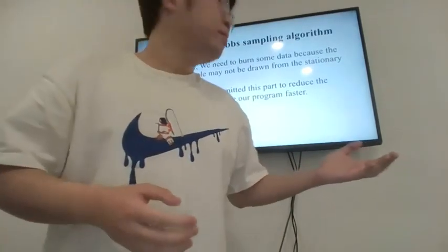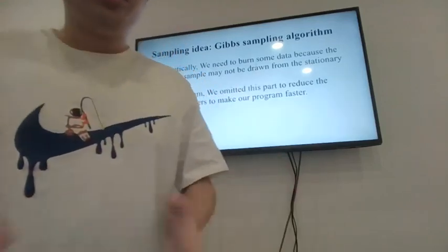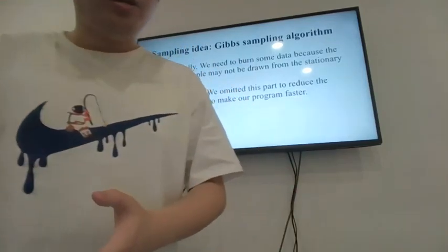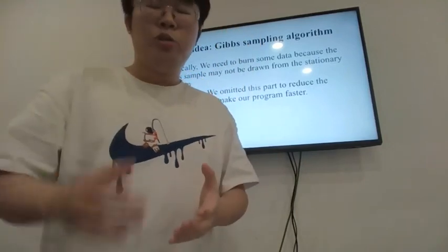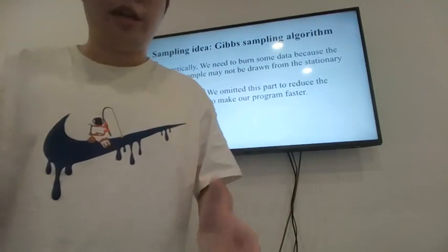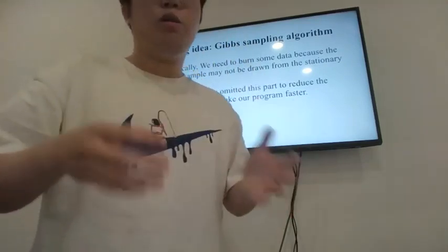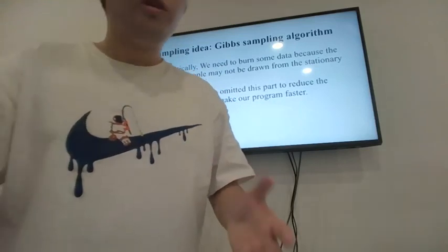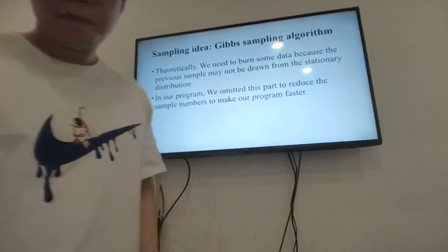But in our practice, we omit this step. We chose not to burn any data, because creating many Gibbs samples is very time costly. So to make our program run faster, we omit this part, but theoretically it's needed.